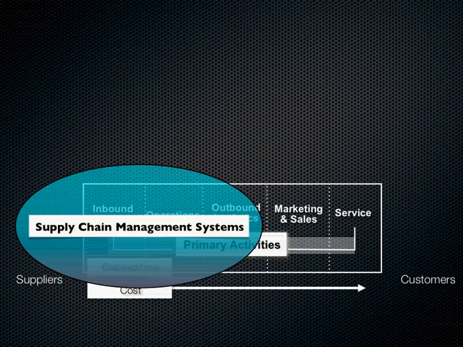The supply chain management system is the set of IT tools that helps us manage our suppliers and the raw materials that they provide us. It can help us schedule people to turn those raw materials into finished goods, and helps us manage our finished goods inventory.